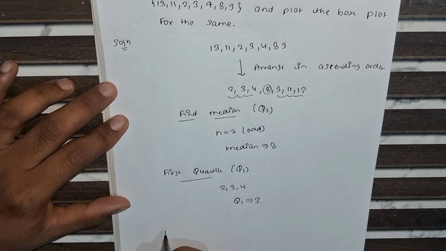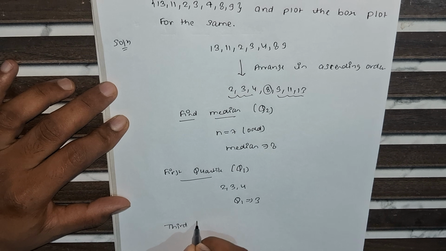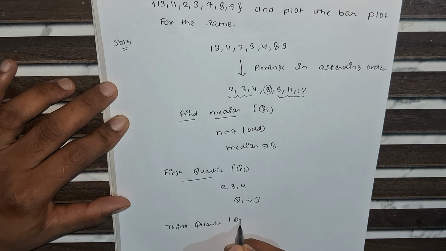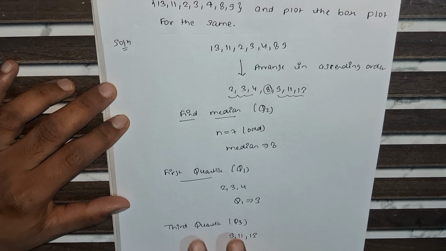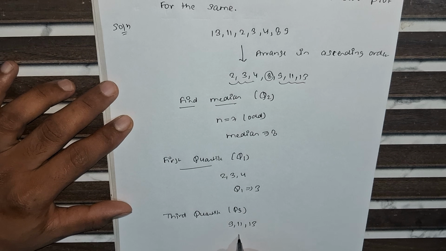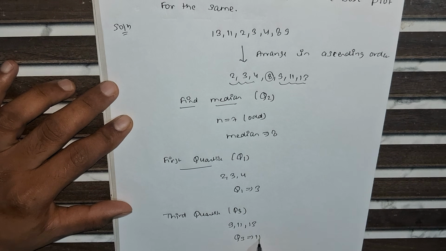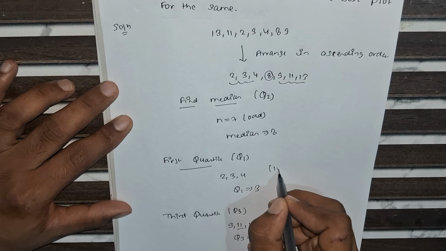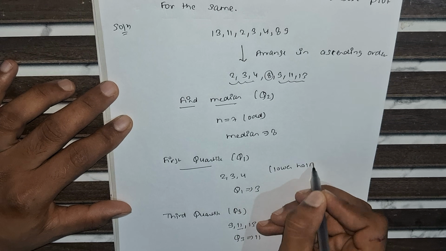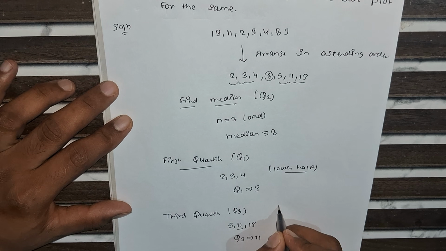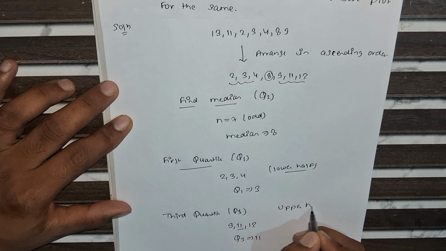Like that, what is our third quartile here? Third quartile, which is Q3. So 9, 11, 13, where our Q3 is equal to 11. This is our lower half and this is our upper half.